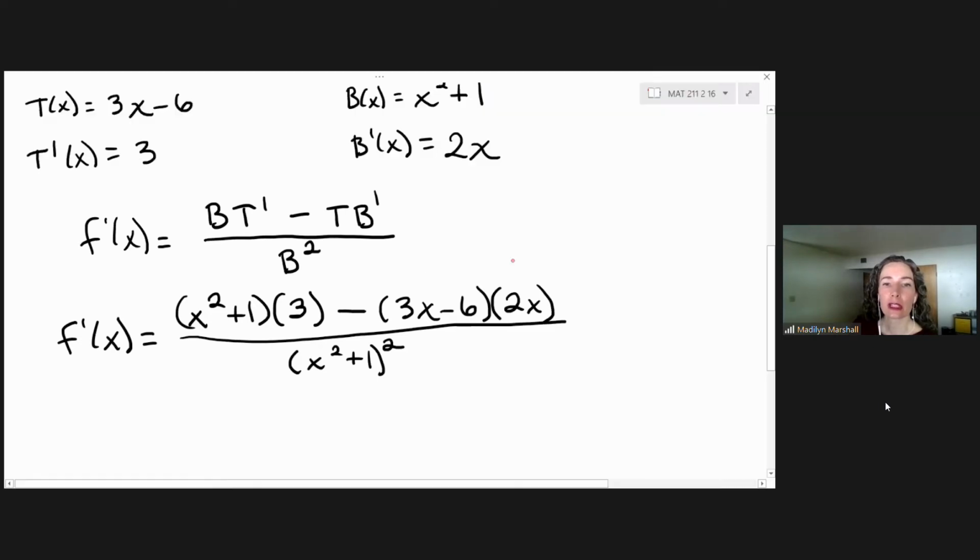There's no reason to FOIL out the bottom. So we would leave the bottom in factored form.